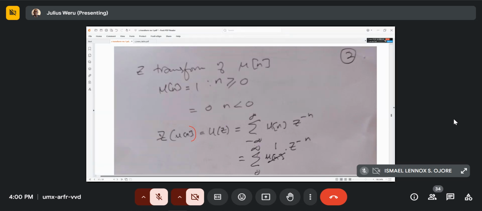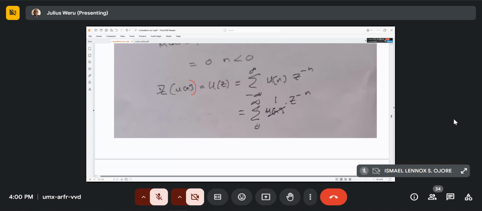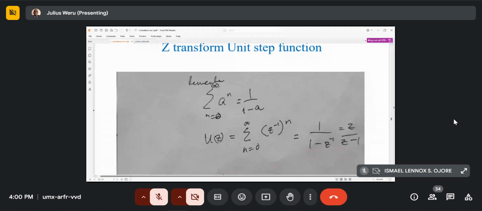This will be the summation from negative infinity to infinity of u of n times z to the minus n, but u of n is equal to 1 from 0 to infinity. So this is the same as the summation from n equals 0 to infinity of 1 times z to the minus n. We know this, we have just used it: the sum of a to the n is just 1 over 1 minus a.